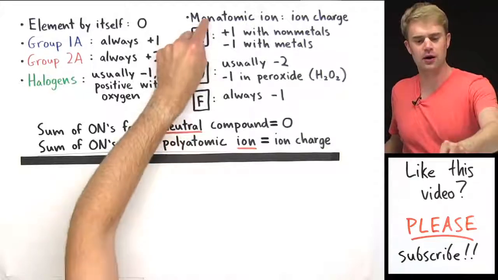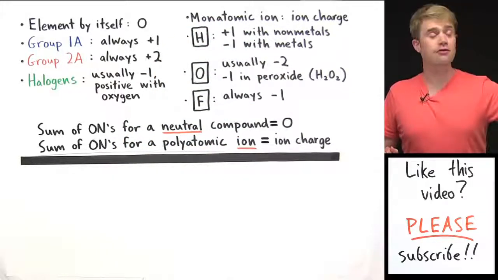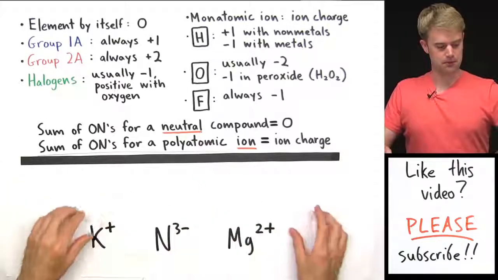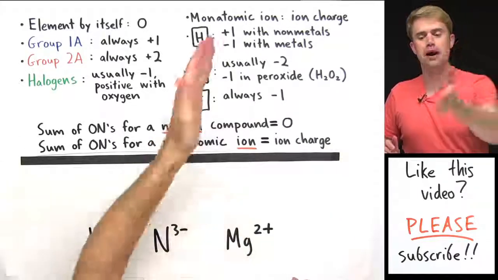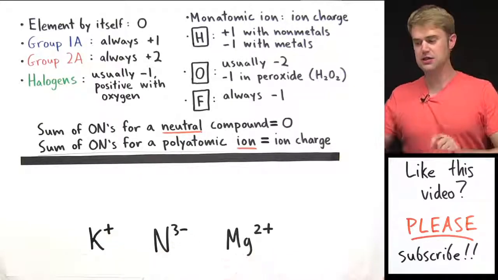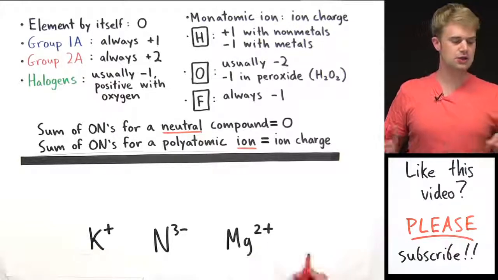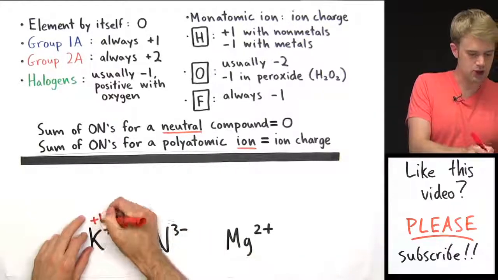The other rule here is about monatomic ions. These are ions that are made of only one atom. For monatomic ions, their oxidation number is the same as their ion charge. So for K+ here, its oxidation number is going to be +1.